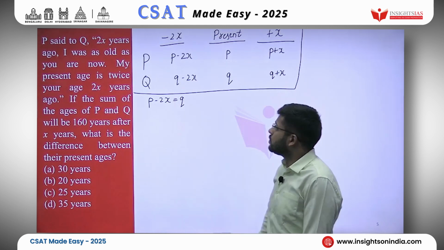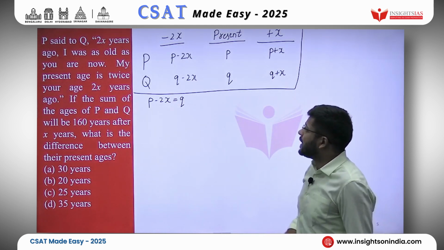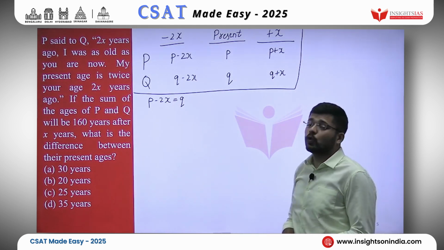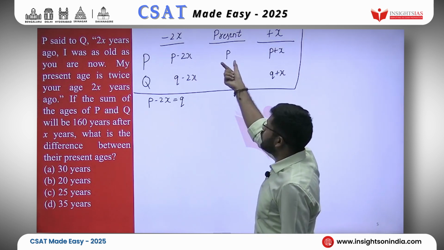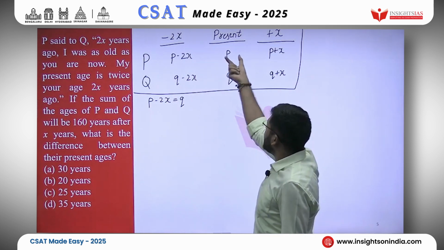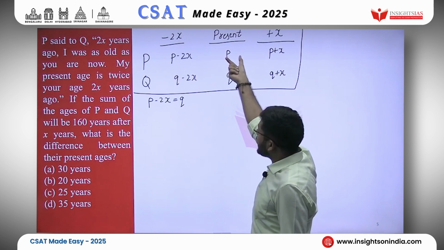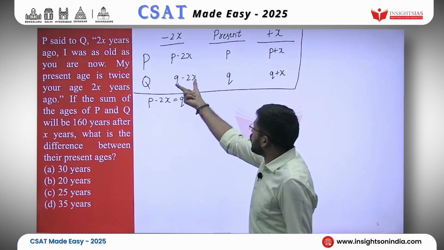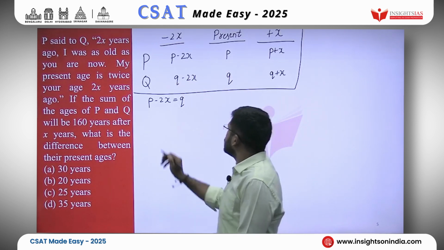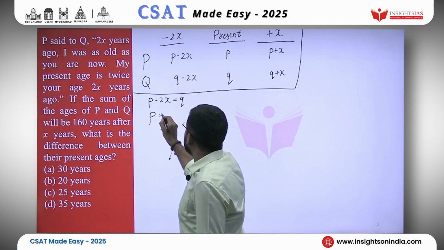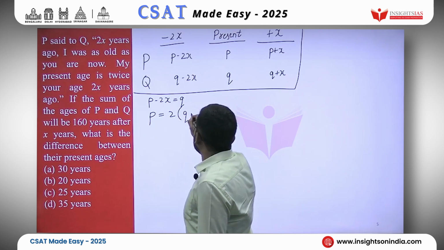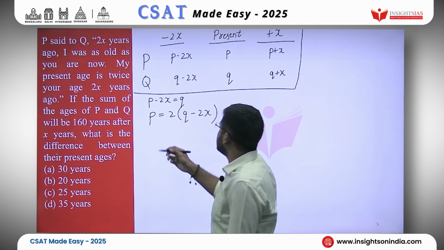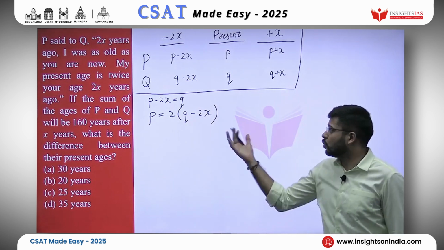Then my present age is twice your age 2x years ago. P is the speaker, right? So P would be equal to twice of Q minus 2x.